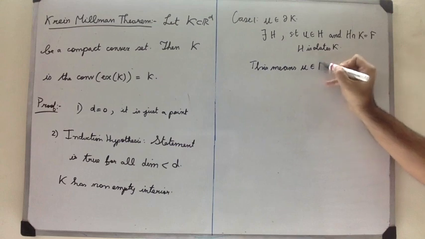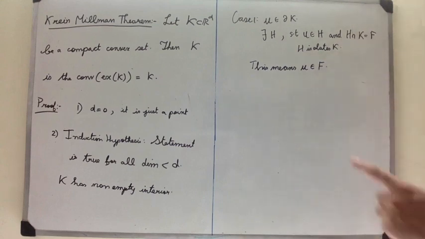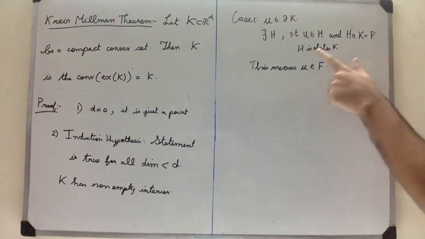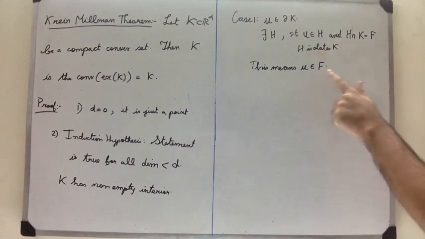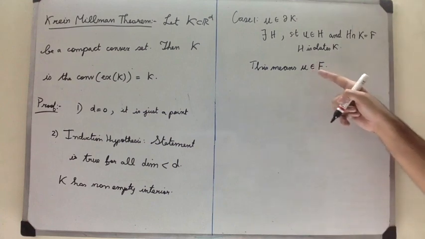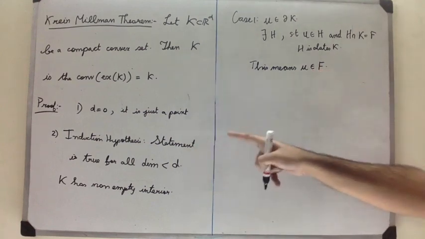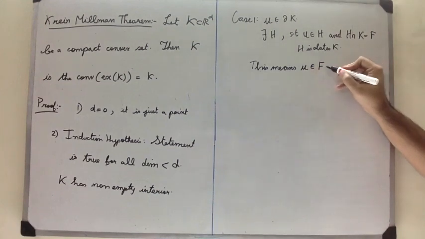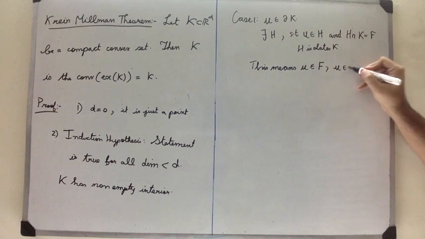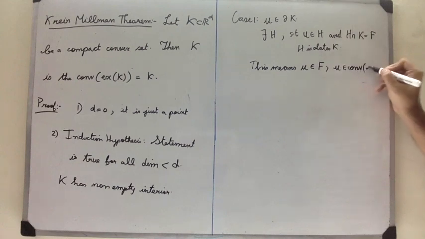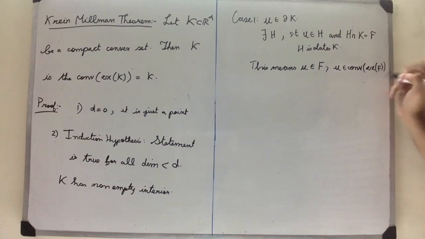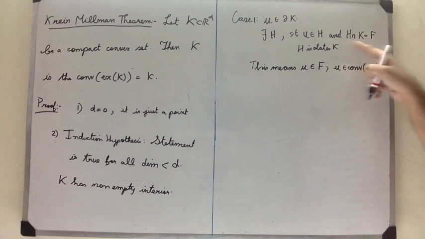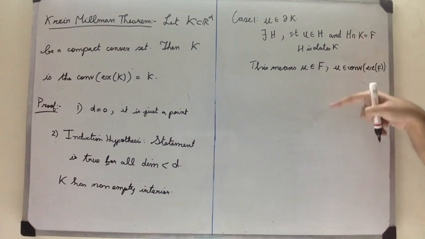Now, because K is a compact convex set and the face F is a closed subset of a compact set, F itself is compact. This means that by our induction hypothesis, u can be written as a convex combination of extreme points of F, because F has strictly lower dimension than K, being the intersection of K with a hyperplane.